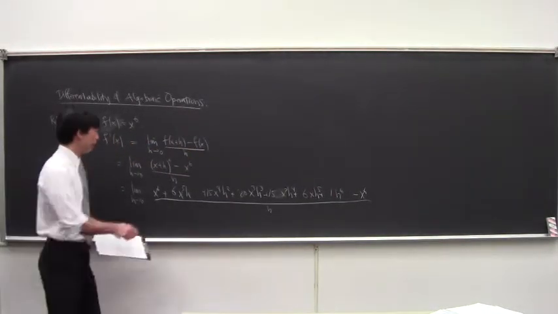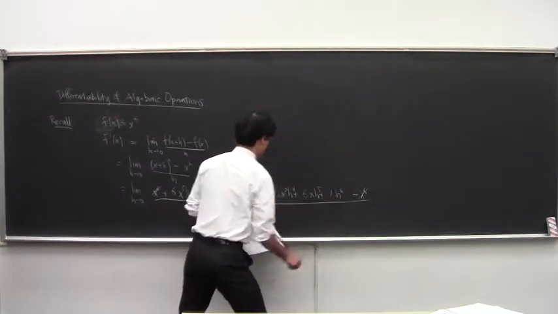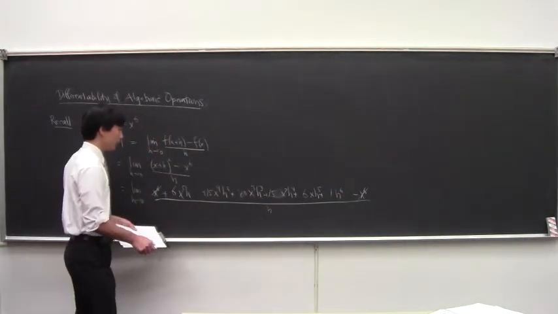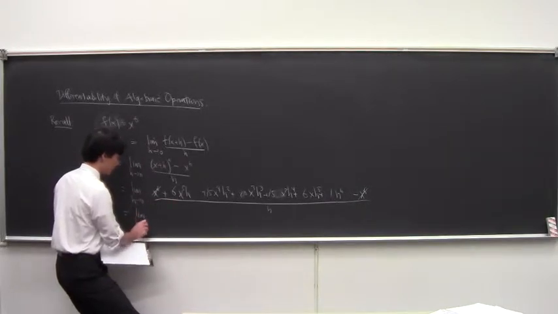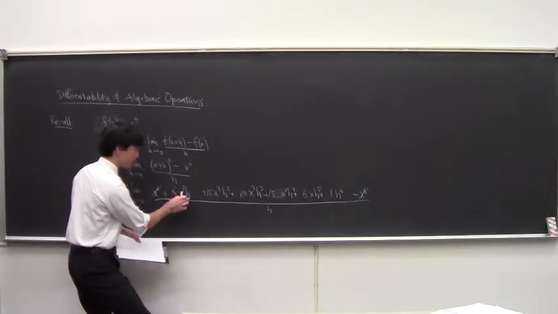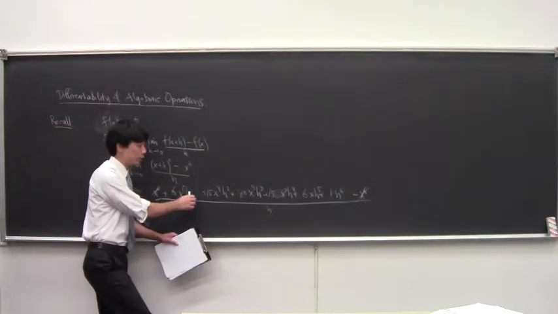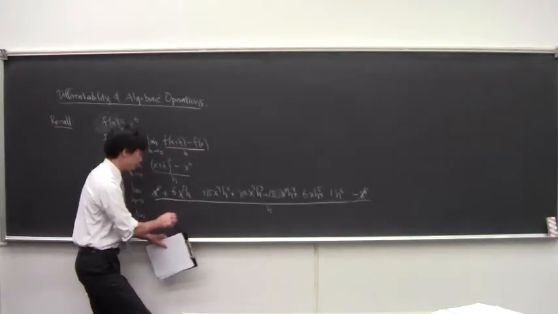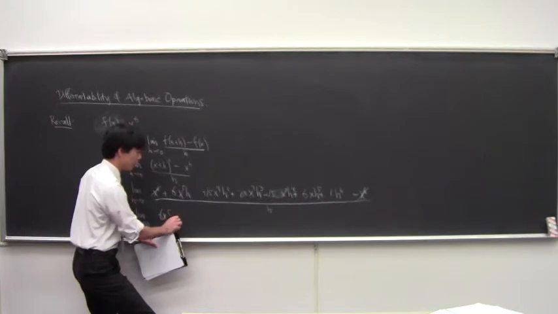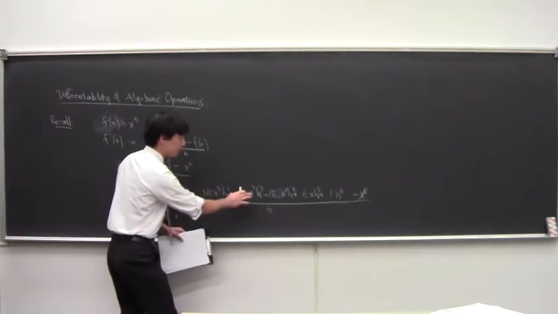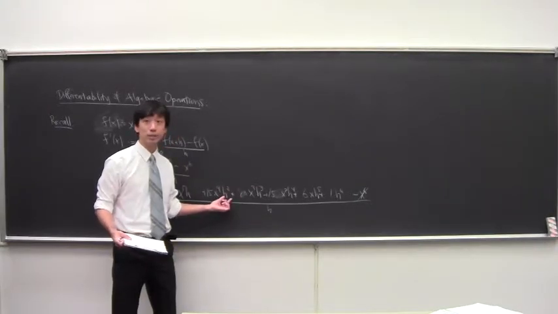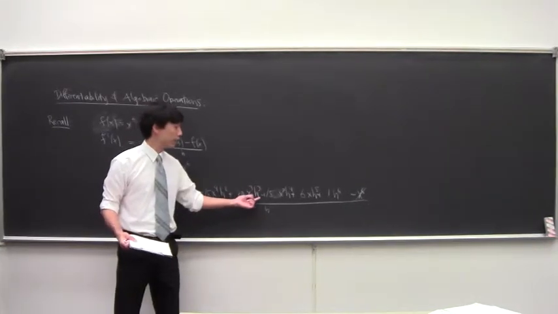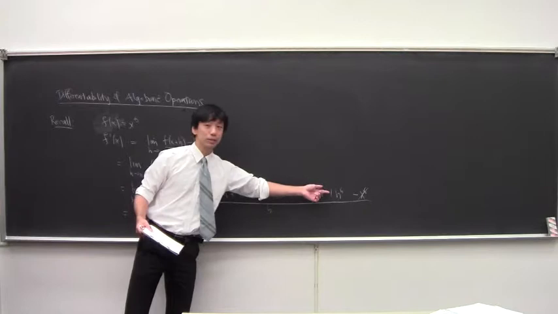Right. And then the x to the sixths canceled off, right? And then you see what happens. We got, as h goes to 0, 6x to the fifth times h divided by h, so that's just 6x to the fifth, right? And then we have all these other things which have higher powers of h: h squared, h cubed, h to the fourth, h to the fifth, h to the sixth.